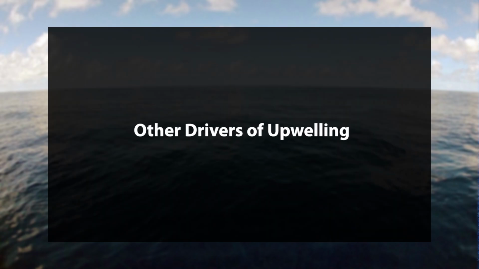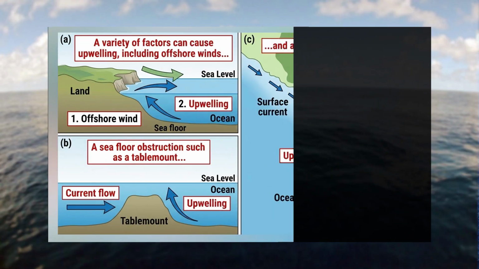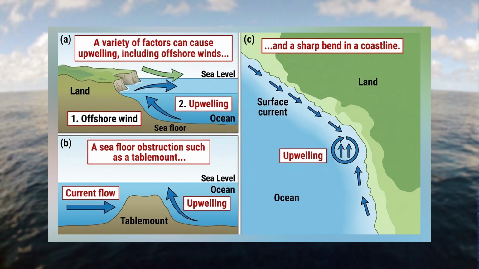There are certain other drivers for upwelling. While Ekman dynamics are the primary cause, upwelling can also be triggered by some localized effects, which include offshore winds. Winds blowing directly away from a shoreline push surface water out to sea.